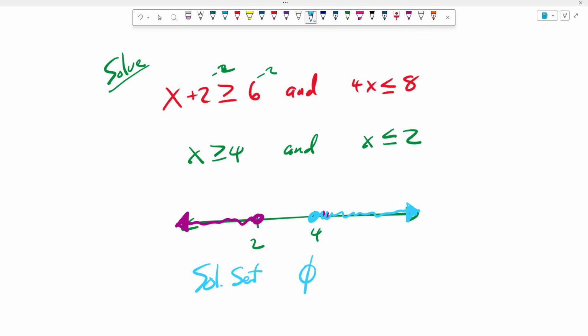Either that or we write it with curly brackets. Okay. So be real careful. The AND and the OR make a big difference. There are no numbers that are both solutions to this and solutions to this. So there are no solutions. There is a solution set, the empty set.